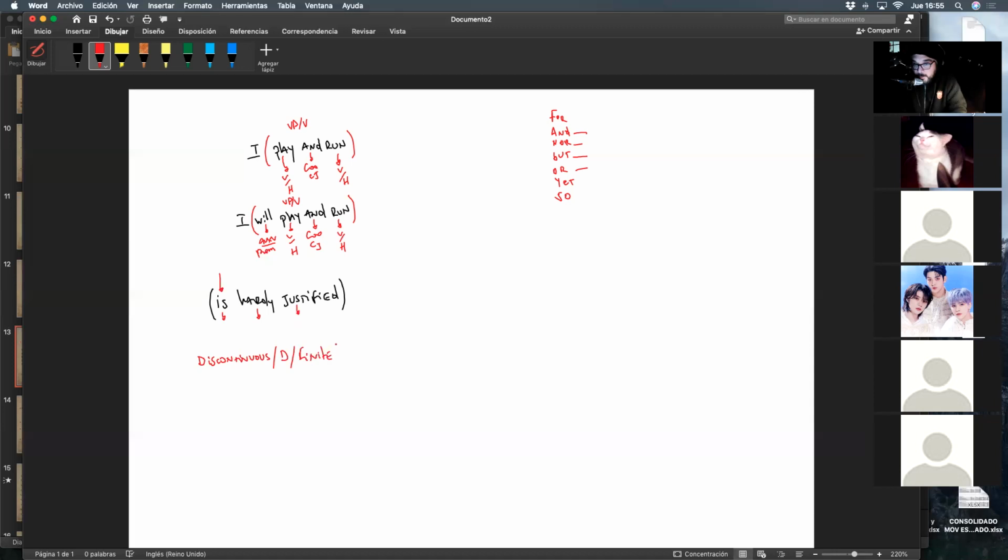Now, I will add all the information I can from the main verb, right? The main verb is written in its ed form. This ed form is called past participle in some places, right?